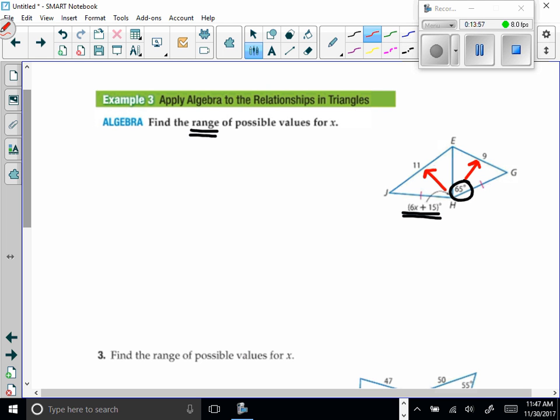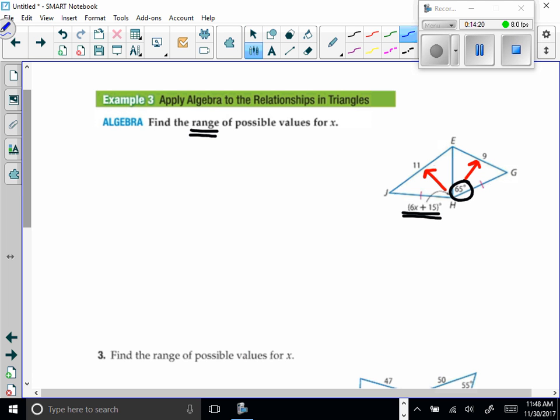So based on the rule that the lengths of the sides of the triangle have the same relationship as the angles, that means that since 11 is greater than 9, then 6x plus 15 has to be greater than 65.